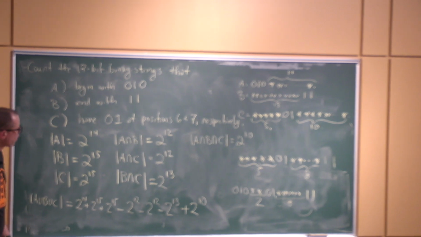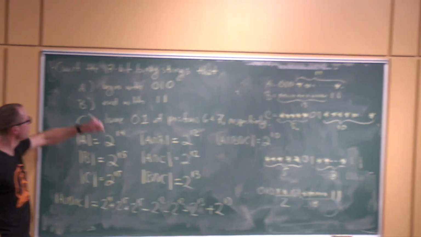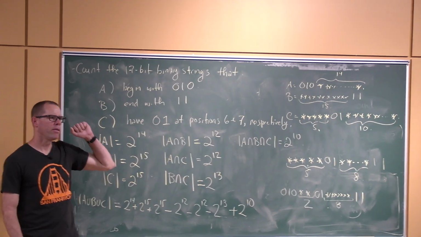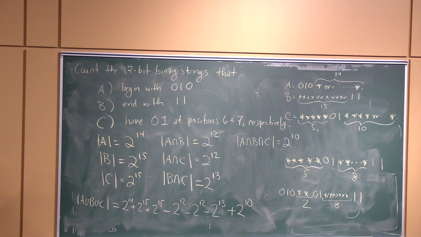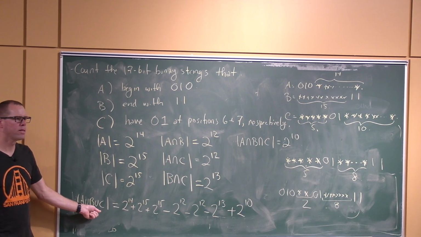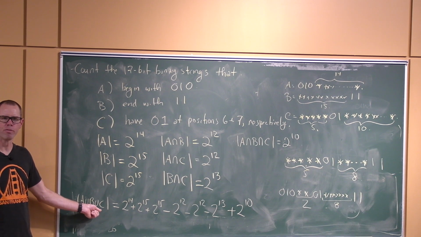Make a guess about the number of 17-bit binary strings. There's 2 to the 17 of them. Do you think that this is more or less than half of them?